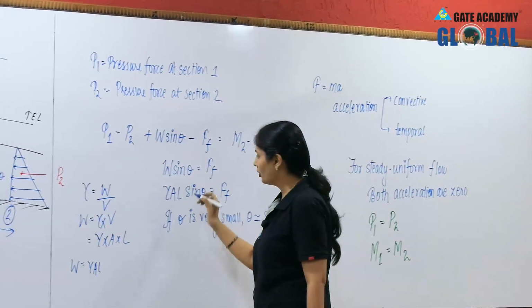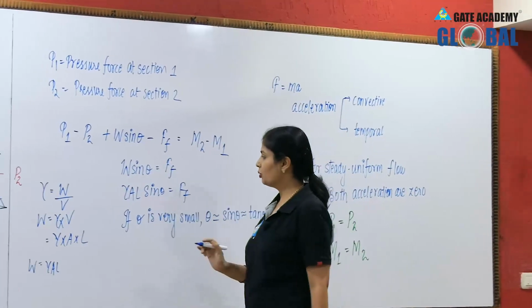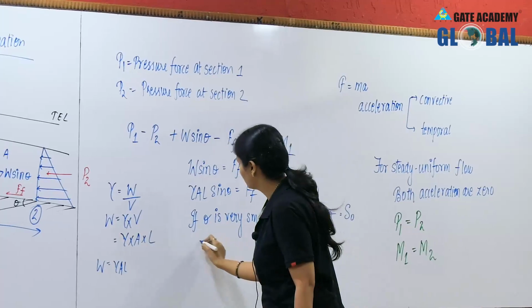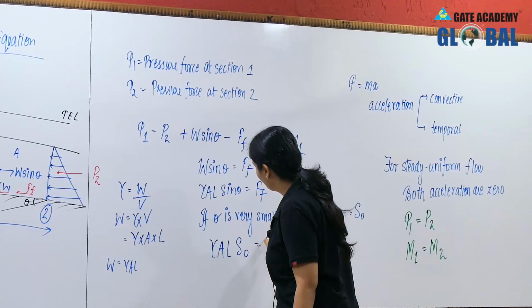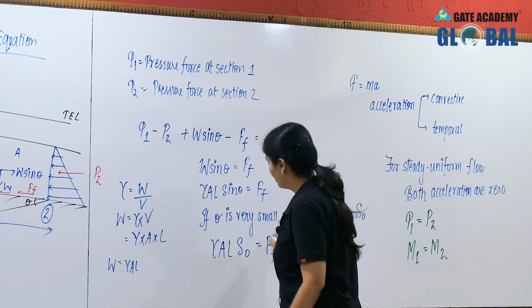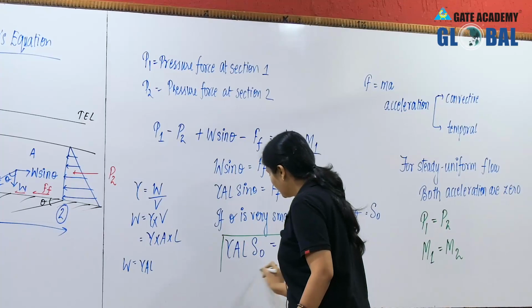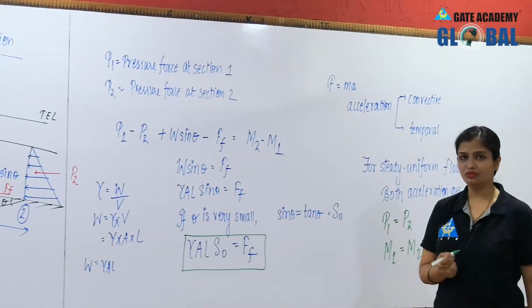So in place of sin theta you can substitute S naught. From here you got a result, that is gamma A L S naught is equal to your frictional force.